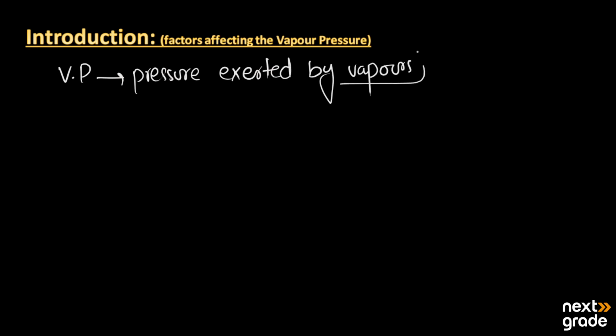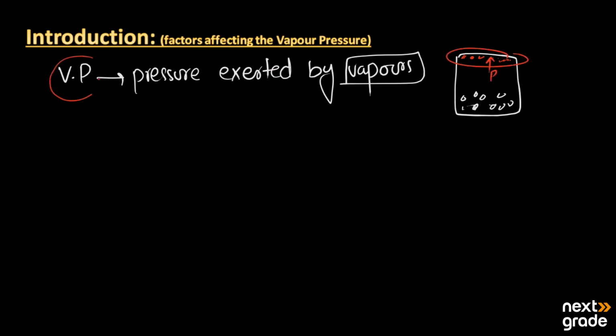In a closed container, when we have a liquid, some of the particles change into the vapor phase and start to exert pressure there. That pressure we call the vapor pressure.